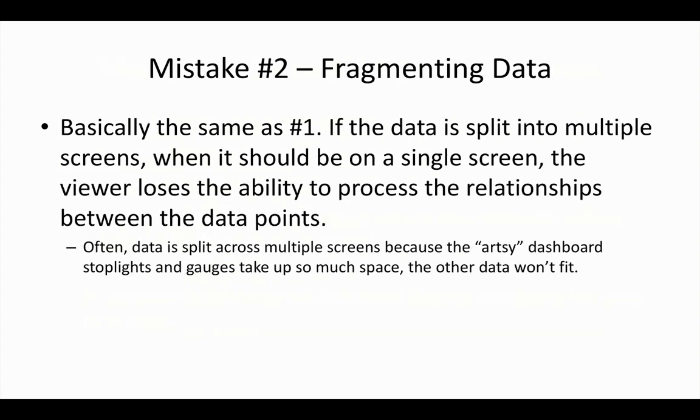Now, fragmenting data is basically the same as number 1. Often we fragment data across multiple screens because we've wasted space by using artsy gauges and things like that. We want to try to focus on using visualizations like spark lines and bullet graphs that you will look at in the hands-on.